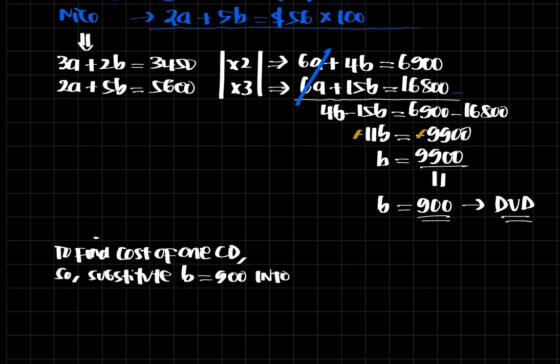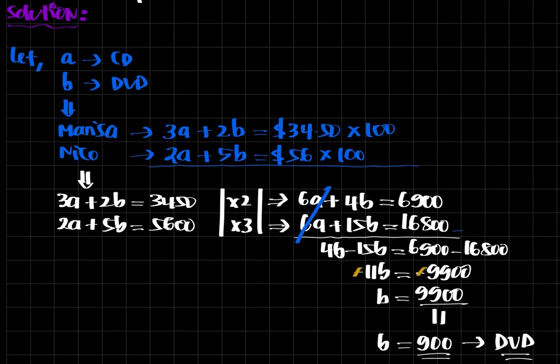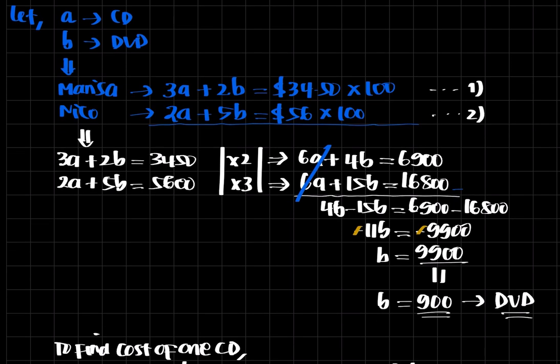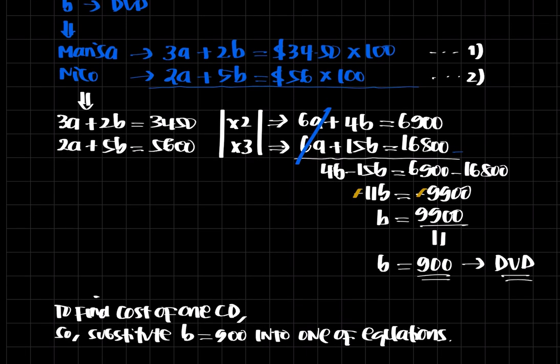You can choose either equation 1 or equation 2. I said before that this is going to be equation 1, equation 2. So if you want 3A plus 2B, that's equation 1.